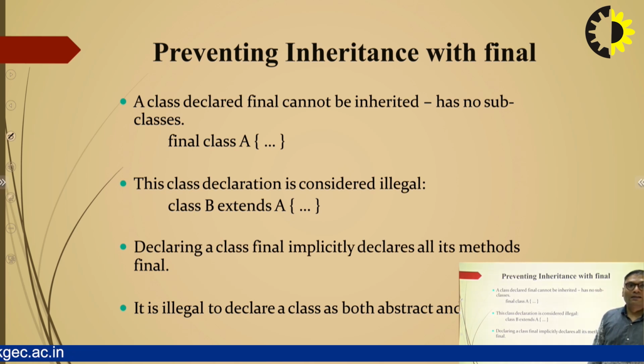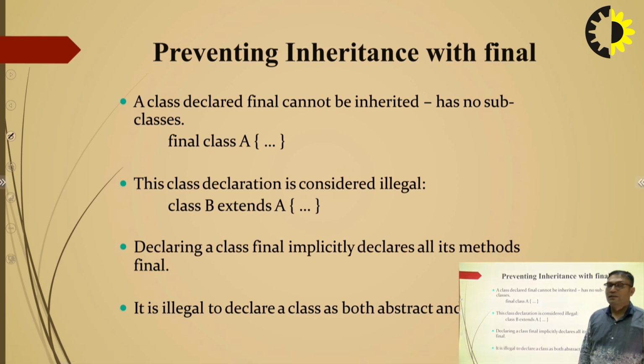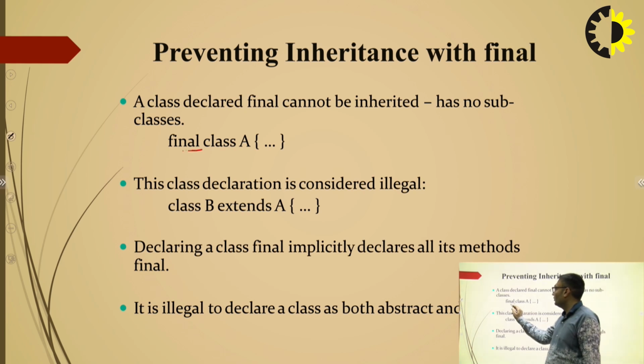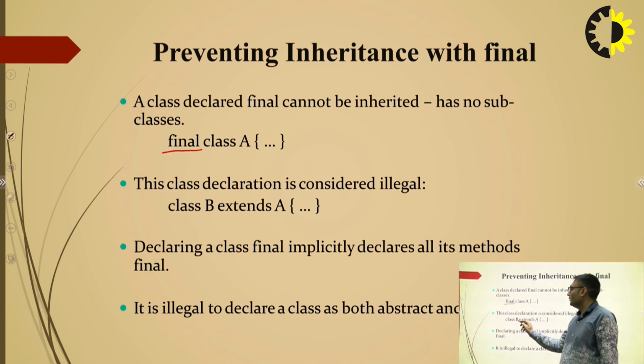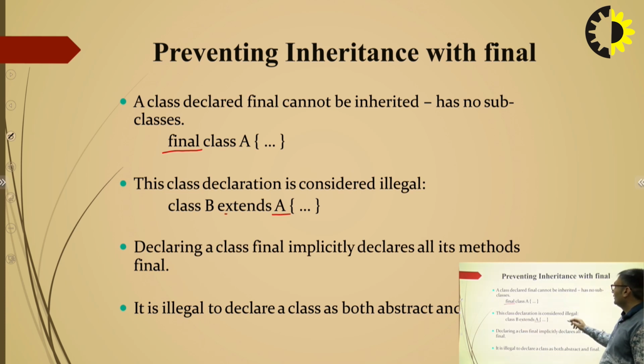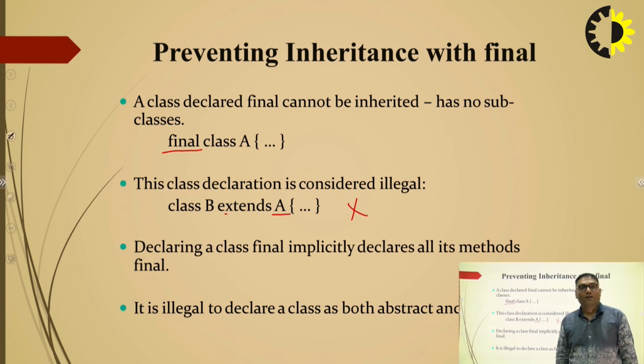Now the final keyword also prevents inheritance, as it can be applied before the name of a class. If I write the final keyword before the name of class A, then a further subclass that extends A is an illegal declaration. You can't do that, because the above class is a final class, and it can't be further inherited or extended.